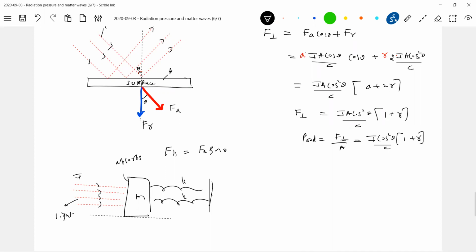So I think you can apply the formula. So 2kx should be equal to radiation pressure into area. What is the radiation pressure when completely absorbed? I by C. So what is the compression of the spring? IA by 2kc.